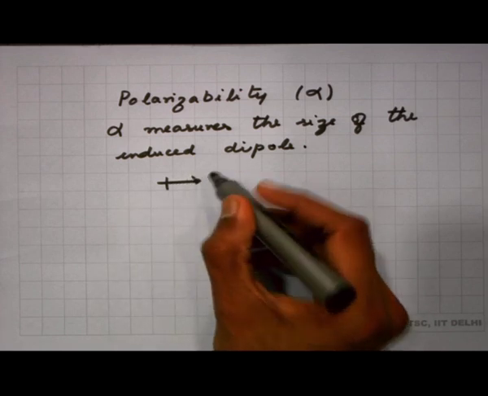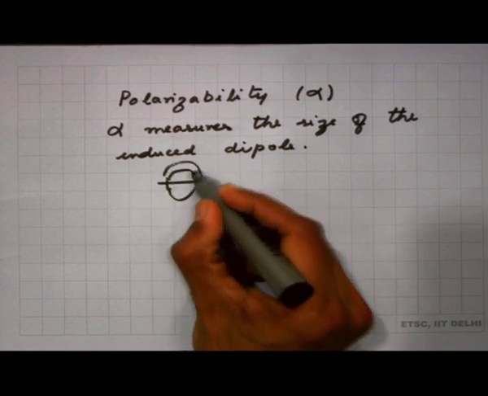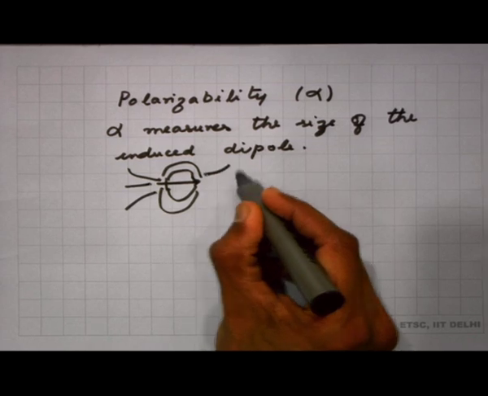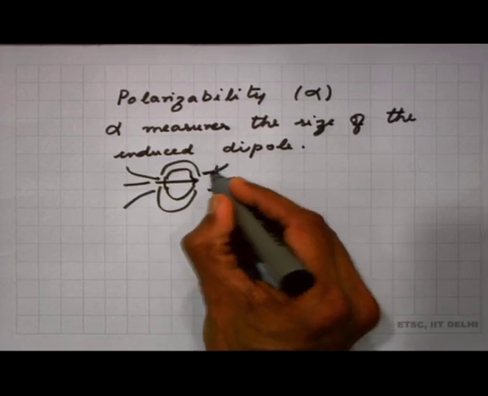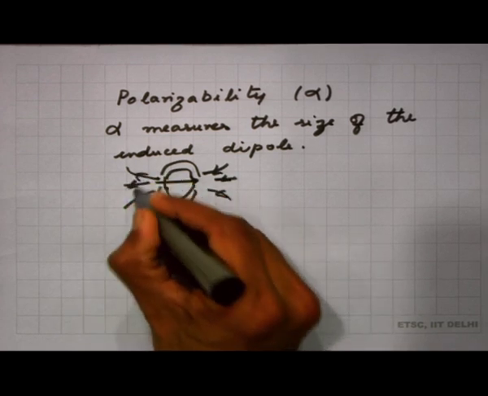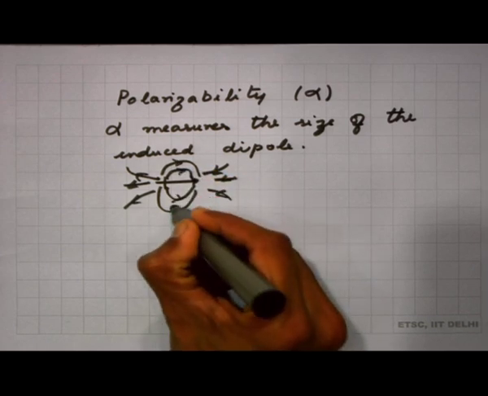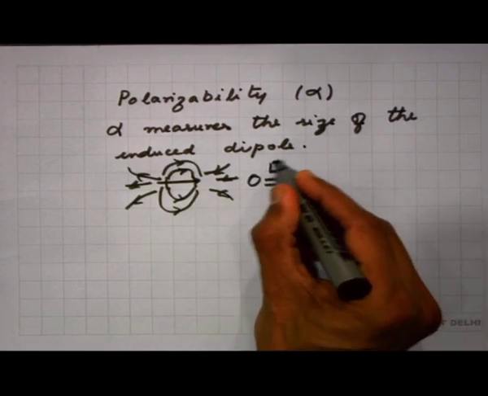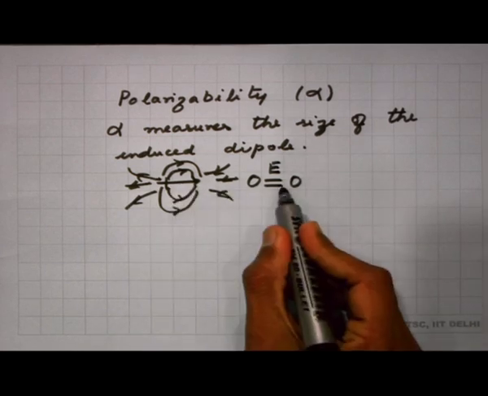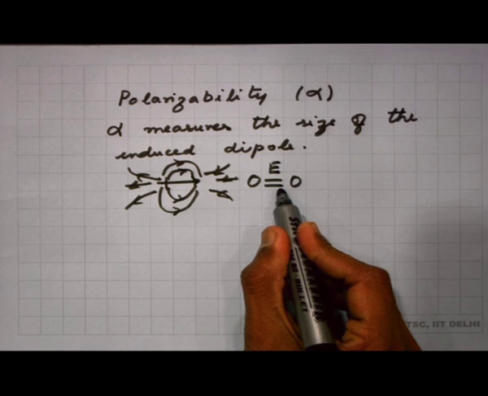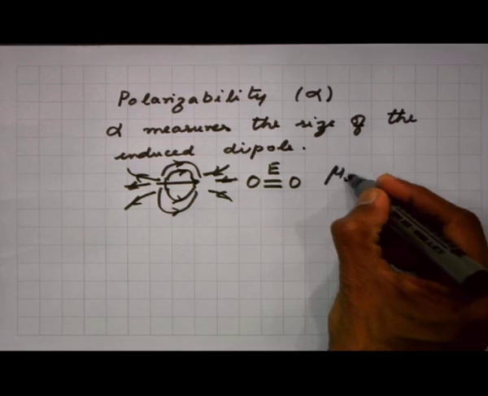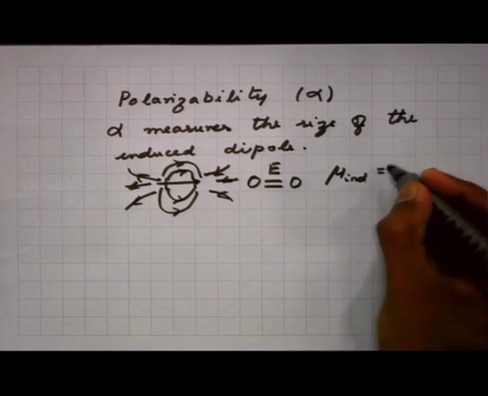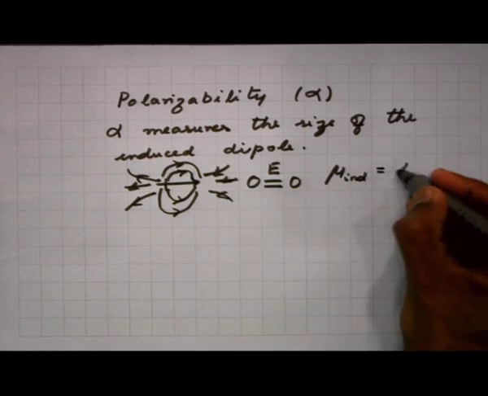So, if I have a dipole like this, I have lines of force like this, and if I have a molecule such as oxygen at some point, there is an electric field that is created by this dipole at the location of the oxygen, and this induces a dipole moment mu induced, which is proportional to the electric field at the location of the oxygen through this parameter alpha.